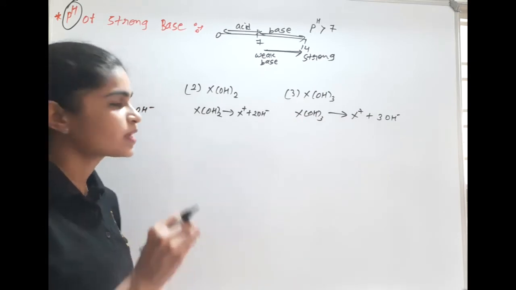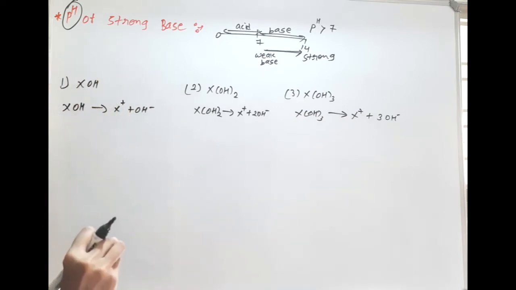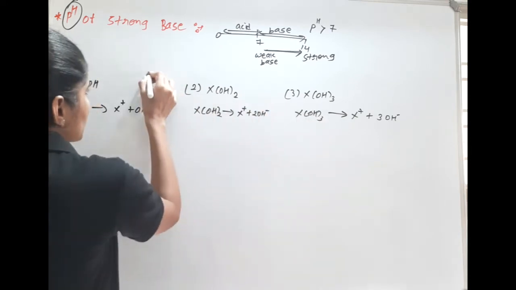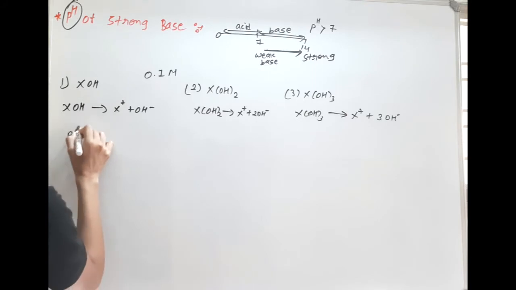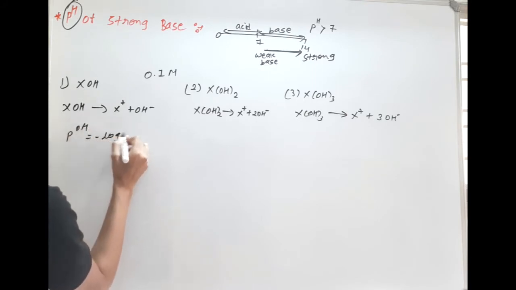What is the difference between these? The concentration value. For example, consider all three with a concentration of 0.1 molar. We know that pOH is equal to minus log OH-.